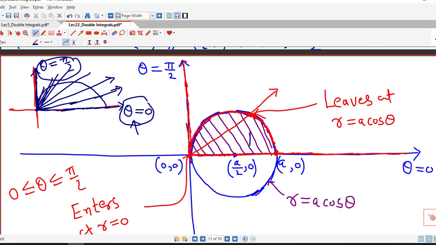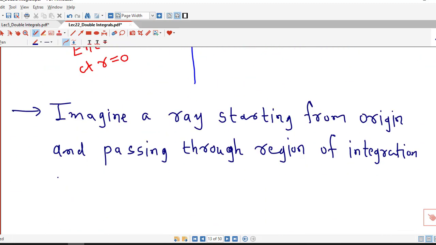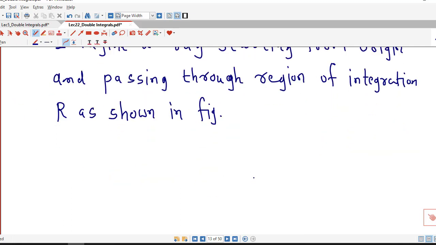We can give the name, region is denoted by capital R, region of integration R as shown in figure.